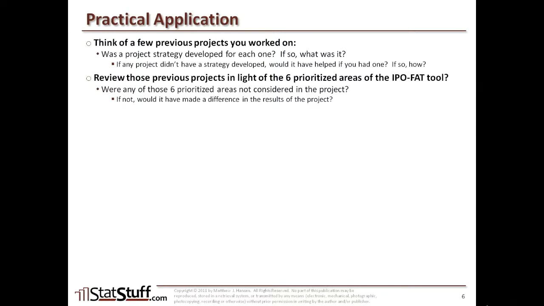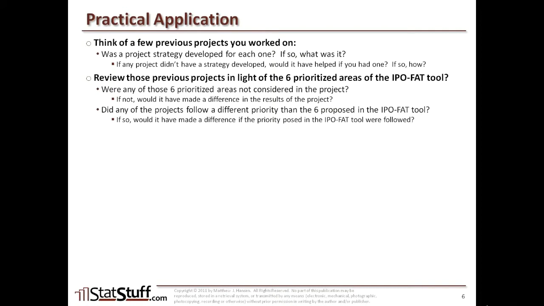So if they were not considered, then would it have made a difference in the results of the project if you had considered some of those areas that were missed? And also would ask, did any of the projects follow a different priority order than the suggested one that was a part of the IPO FAT tool? If they followed a different order, then again, would it have made a difference if you had followed the suggested order instead that's a part of the IPO FAT tool?